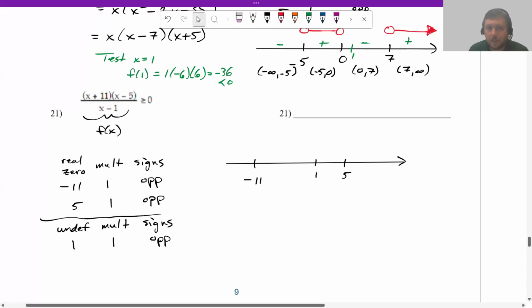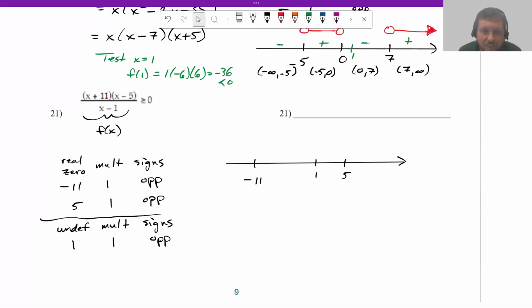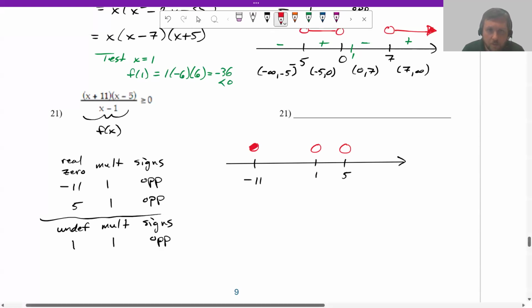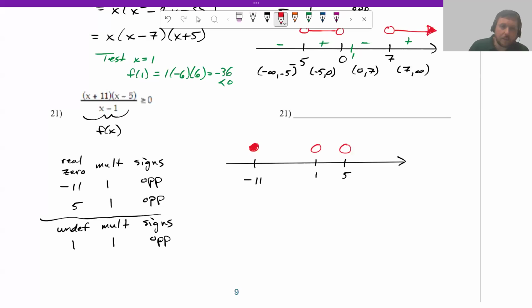So the -11 gets a circle, 1 gets a circle, 5 gets a circle. Now the things that are real zeros, we need to check and see. It says or equal to. So the -11, since it's a real zero, if we plug -11 into the function, then that outputs a value that is defined. If we plug in 1, it's undefined.